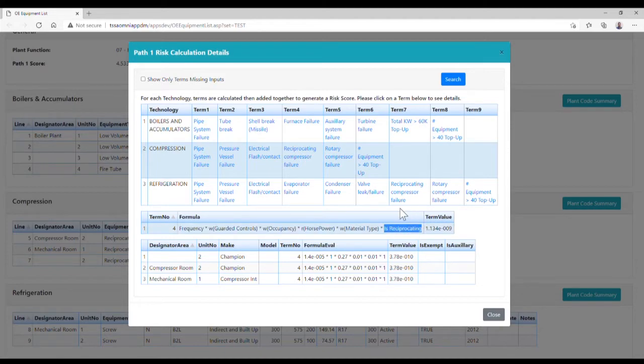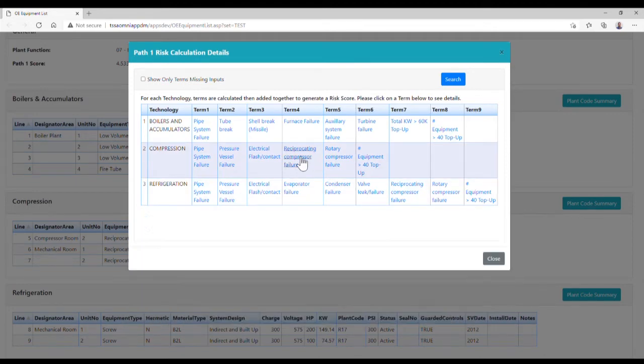If you had different pieces of equipment, let's say you had 2 reciprocating and 2 rotary, then you would only calculate this term for the reciprocating ones, and you'd calculate this one for the rotary one. But as a way of making this easy to do automatically, we just have a term that says, is it reciprocating? So you see that for the rotary compressor, that term is 0, and that basically nullifies that term.